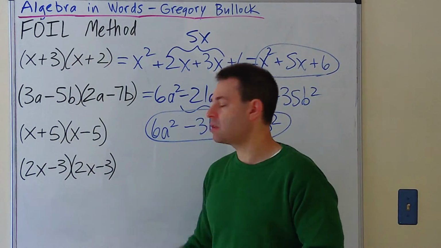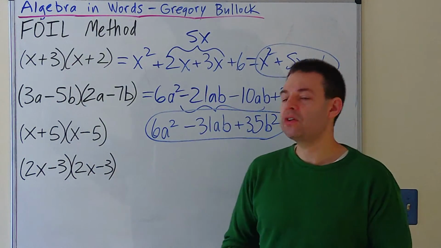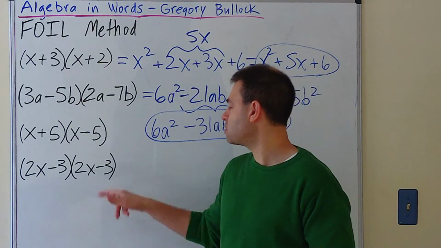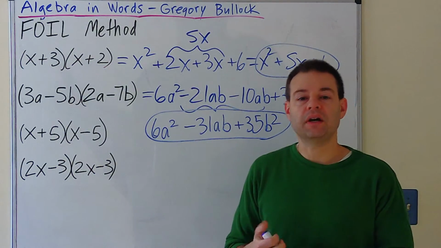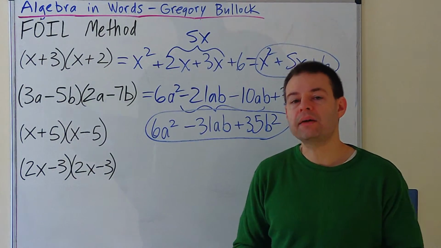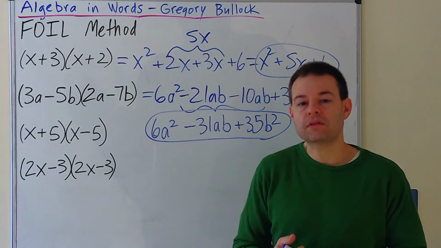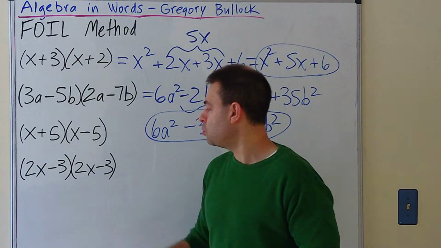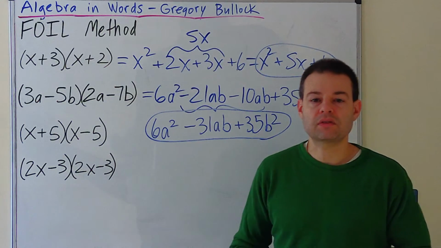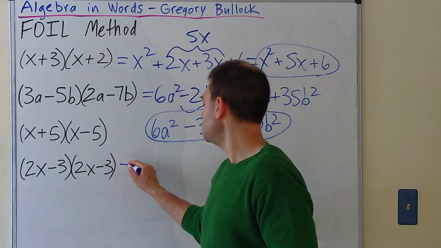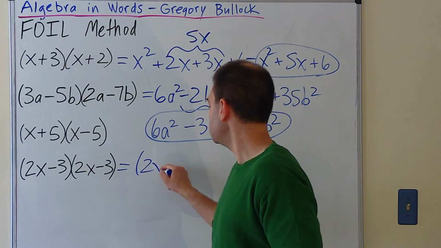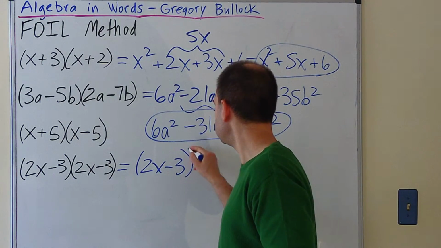Then let's come down to the bottom one: 2x minus 3 times the quantity 2x minus 3. Do you notice anything special about that? They're the same binomial, also known as a binomial squared.